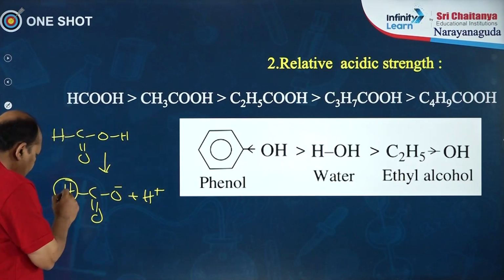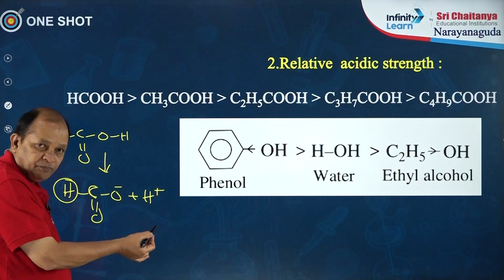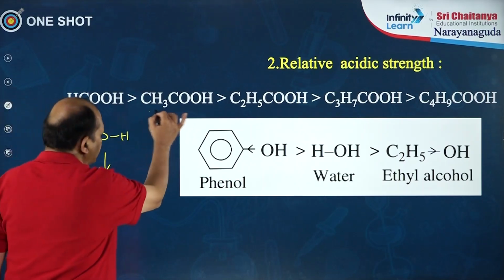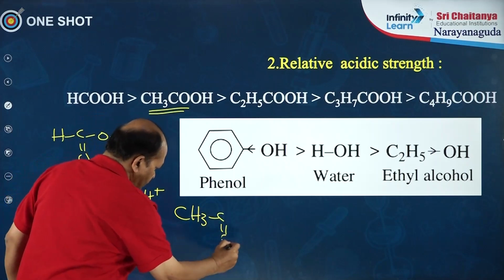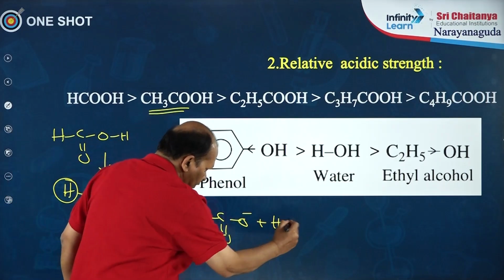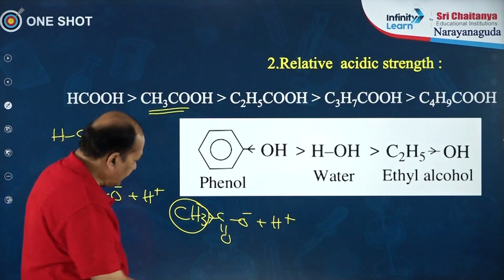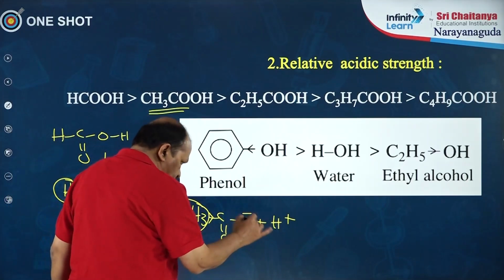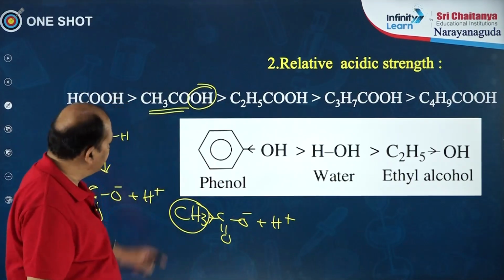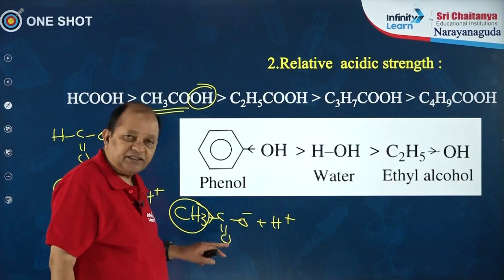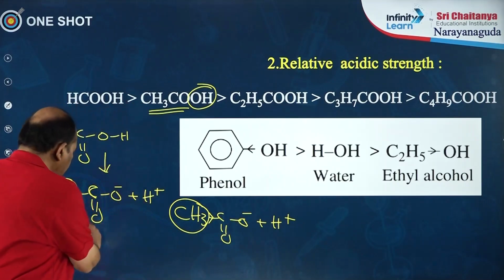Now here the hydrogen attached to this carbon is neither electron donating nor electron withdrawing. But in the case of acetic acid, you get acetate ion and H plus ion. This methyl group is electron donating, thereby decreasing the negative charge stability. In turn, we can say that the polarity of the OH bond is decreased, therefore, this ionization is not as easy or as much as in the case of formic acid.